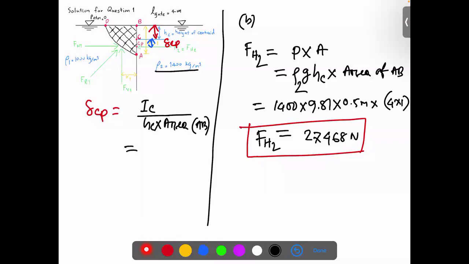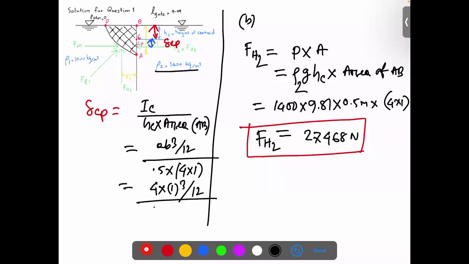It's the same problem that we know. Ic, we previously calculated as A B cube over 12. So write it, A B cube over 12. hc is equal to 0.5, and the area is 4 into 1. So it is 4 into 1 to the power 3 over 12, over 0.5 and 4 into 1.